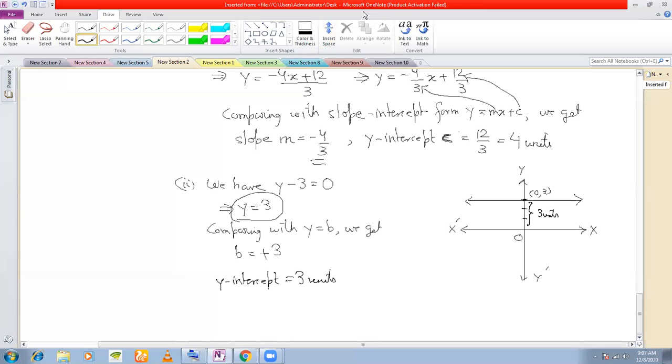Who can tell me the slope of this line? Anyone? Vivek, can you tell me the slope of this line? Archita? Yes, Vivek, tell me the slope of this straight line.